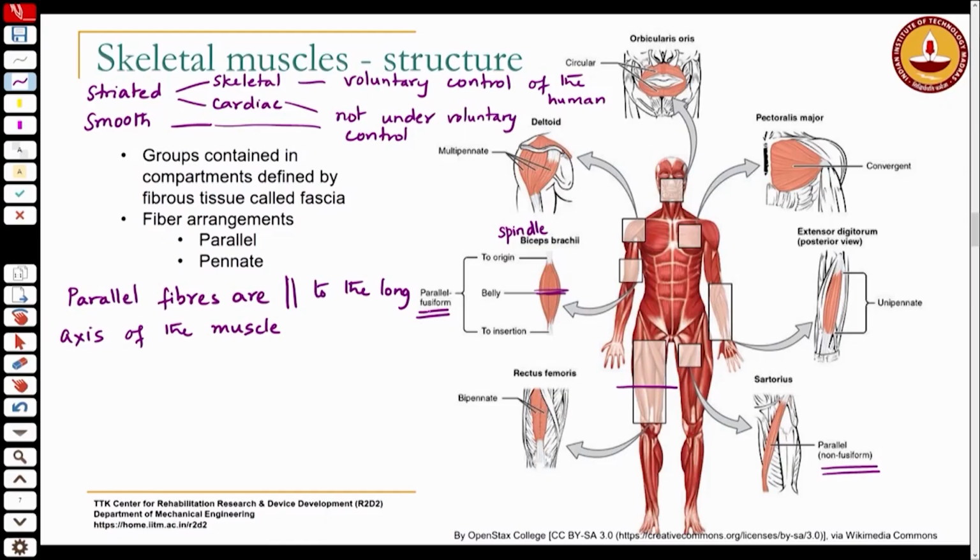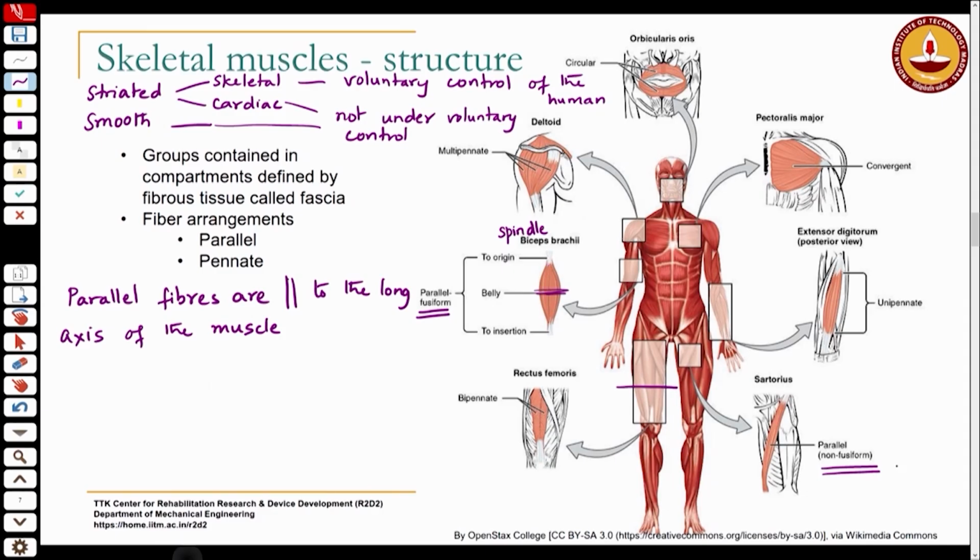At the macro level, you have the parallel arrangement of the fibers of the muscle, and in that you have different types. You have what is known as the fusiform type, which is shaped like a spindle with a pronounced belly of the muscle. You can see that the middle of the muscle is fatter than the ends.